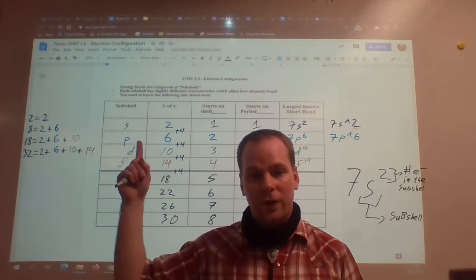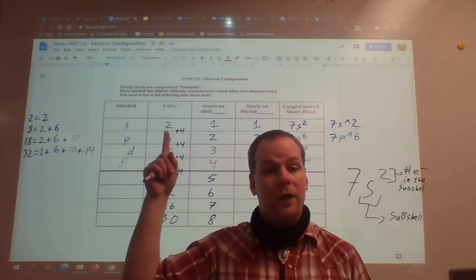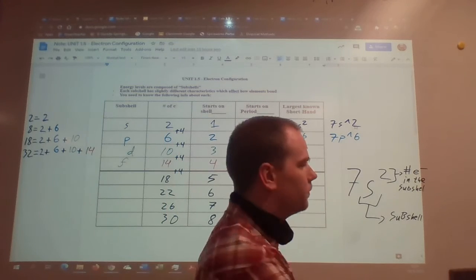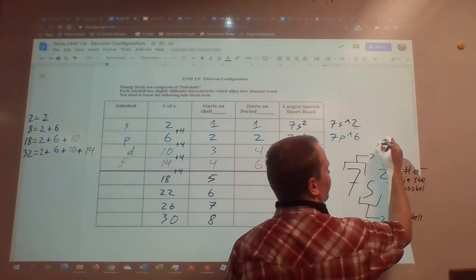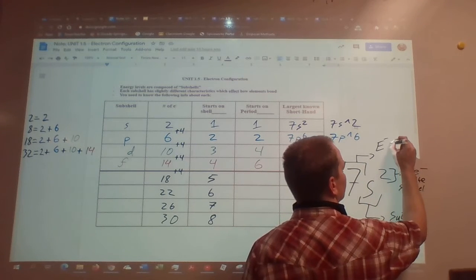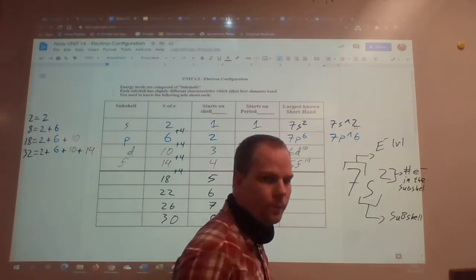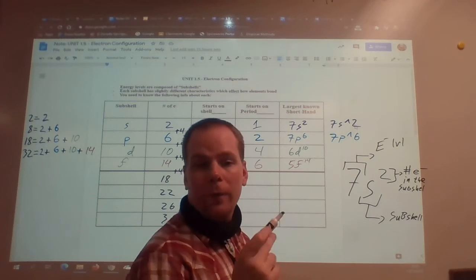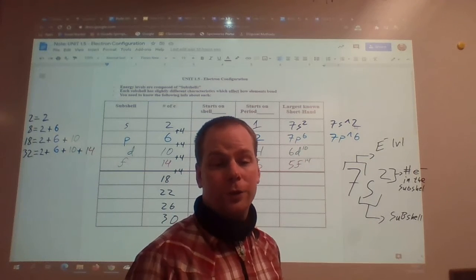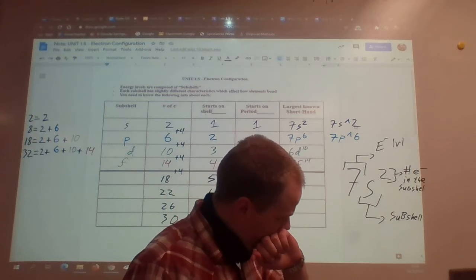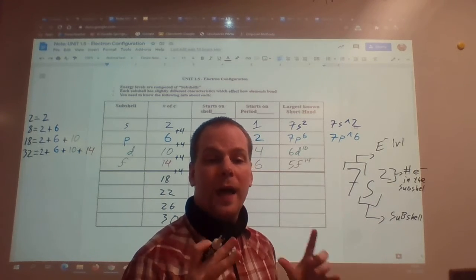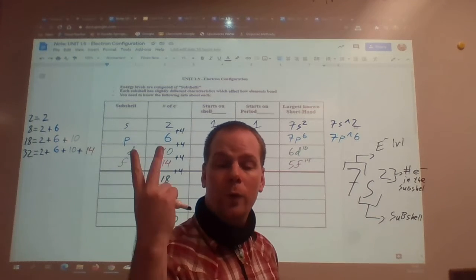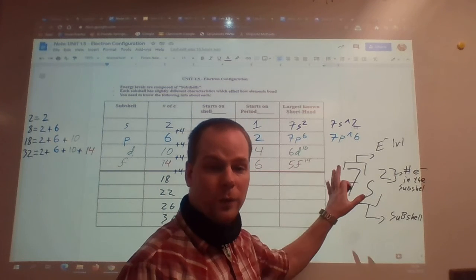So its S subshell is full because it can only hold 2. And the 7 is the energy level. Okay, so radium has 7 energy levels, 7 full circles on its Bohr diagram. In the outermost, it has 2 S electrons. That's what this tells us.